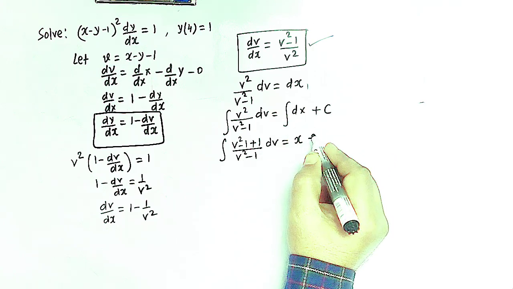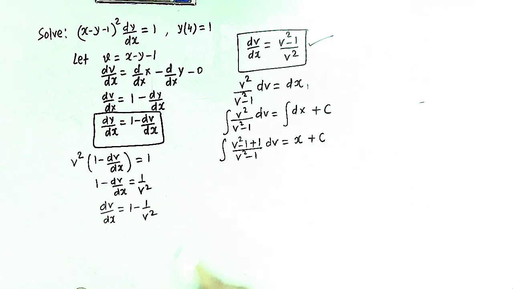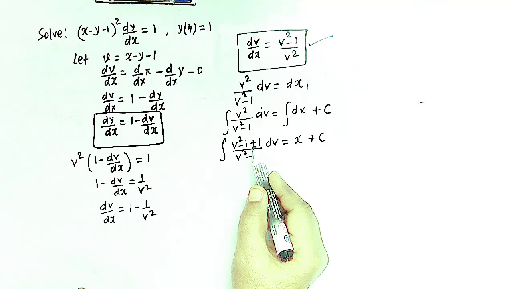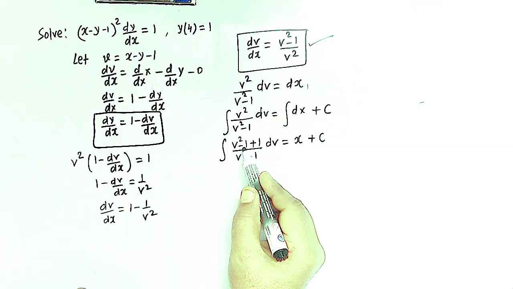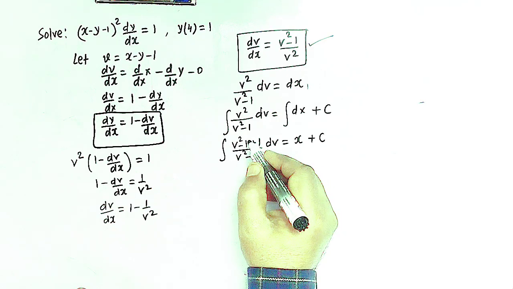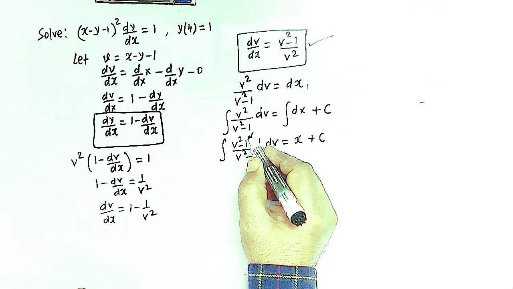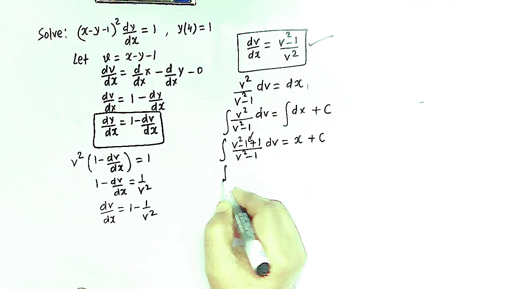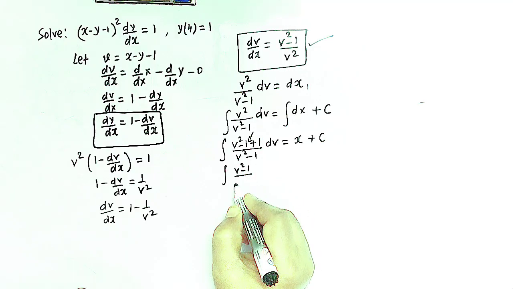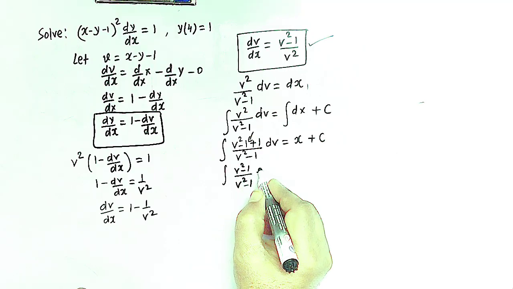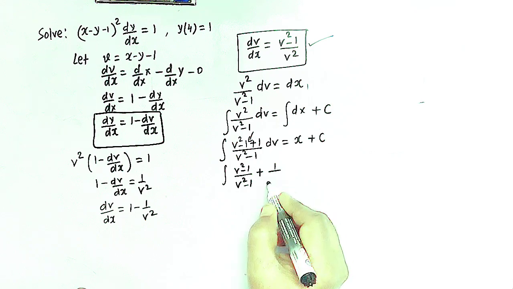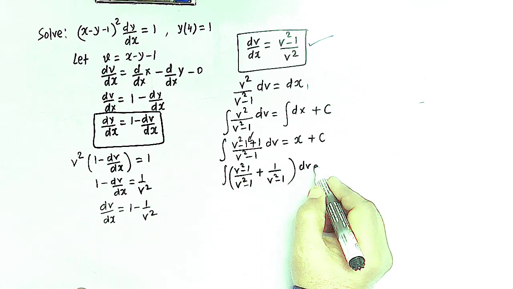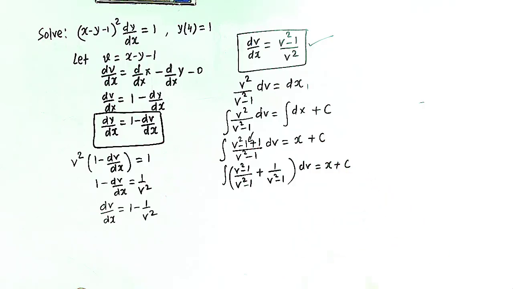Here we have x plus c, right? So here we are writing v square as v square minus 1 plus 1, because here 1 and minus 1 get cancelled. And let us now split this integral into two parts, that is v square minus 1 over v square minus 1 plus 1 over v square minus 1, and here we have dv and x plus c.